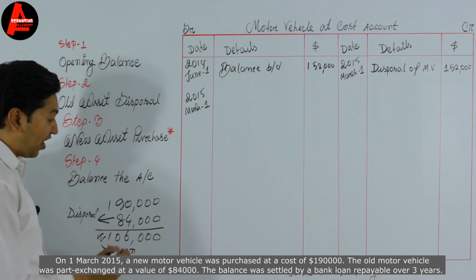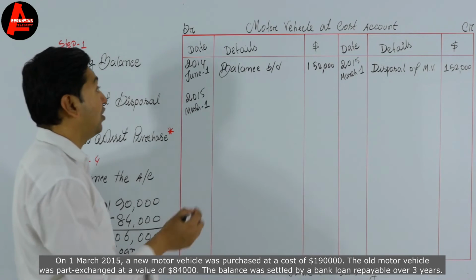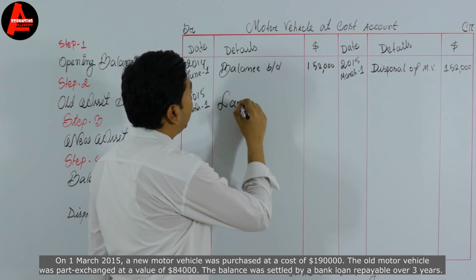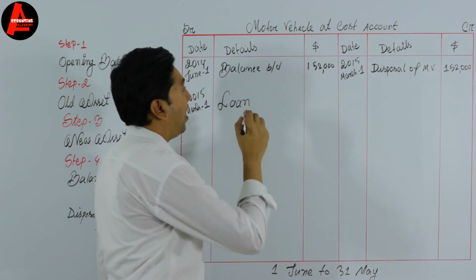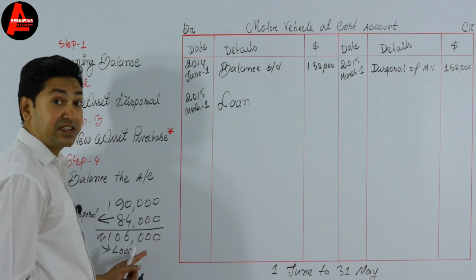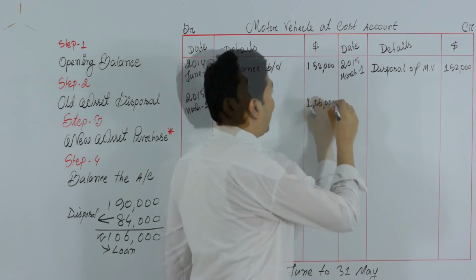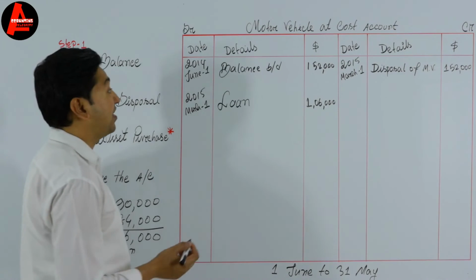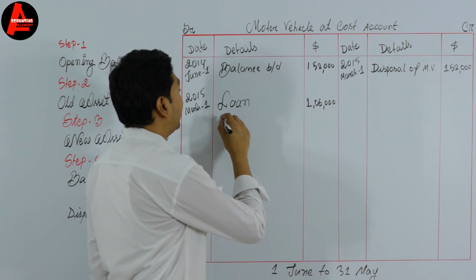So now we will write here first of all loan for 3 years, and the value is $106,000, and the rest $84,000 will be disposal.